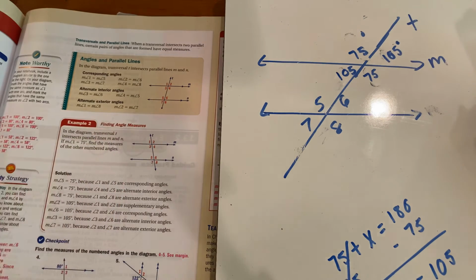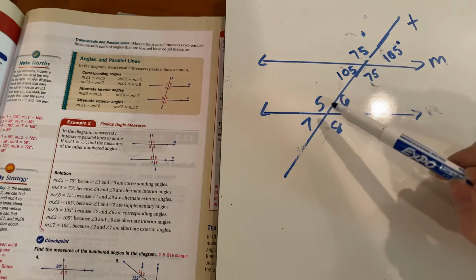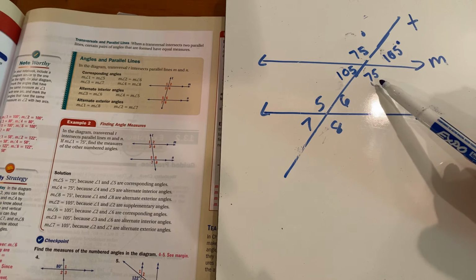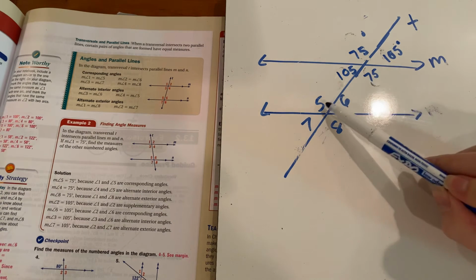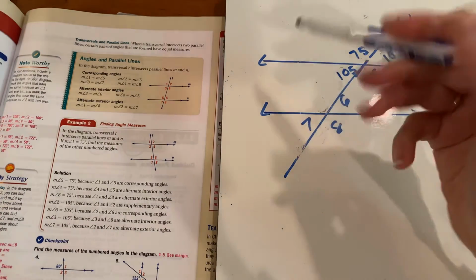Alternate interior angles measure the exact same. So we need to start looking to see what our alternate interior and exterior angles are because they measure the same. So what is 5's alternate interior angle? Well, it's the one opposite to it on the inside. So 5's alternate interior angle is right here, and if it's 75 there, that means it's 75 here.